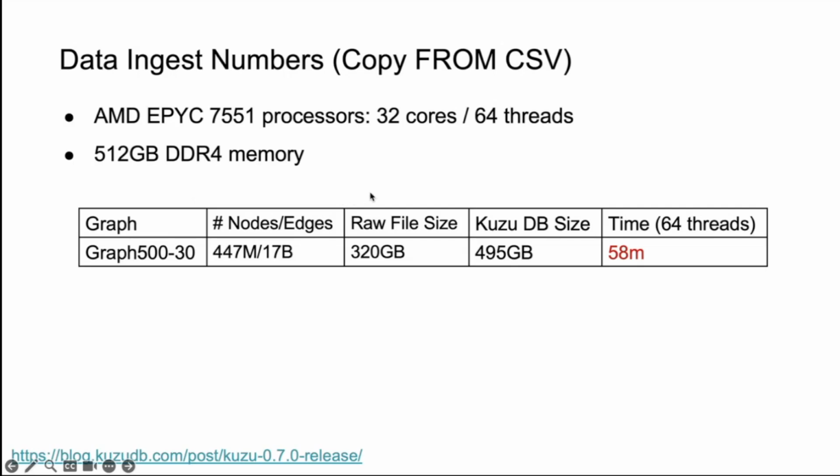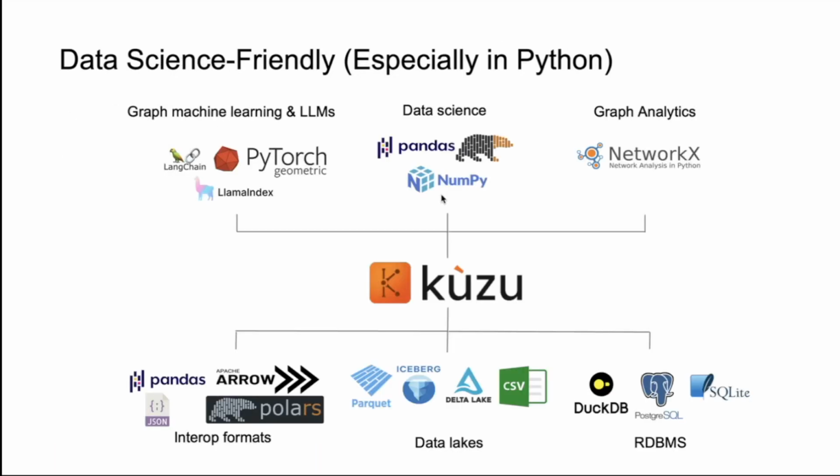In Kuzu format, this takes about half a terabyte of database, and we can ingest this on this AMD processor, which is only $70. It's a very cheap processor. A lot of clusters have much better processors than this, and we can do that in less than an hour. And no other product out there can achieve these ingestion speeds. And similarly, we have excellent query speeds on this large scale. So on large scale, we especially shine.